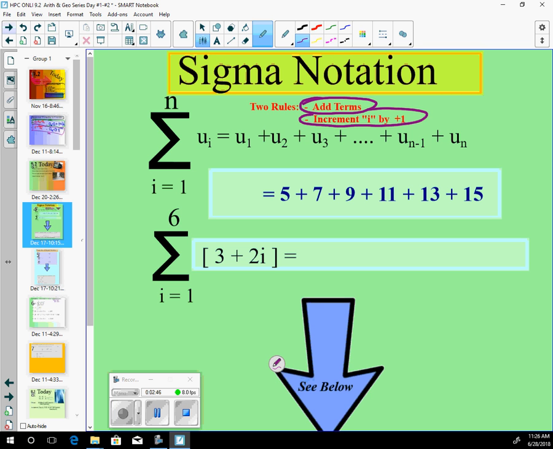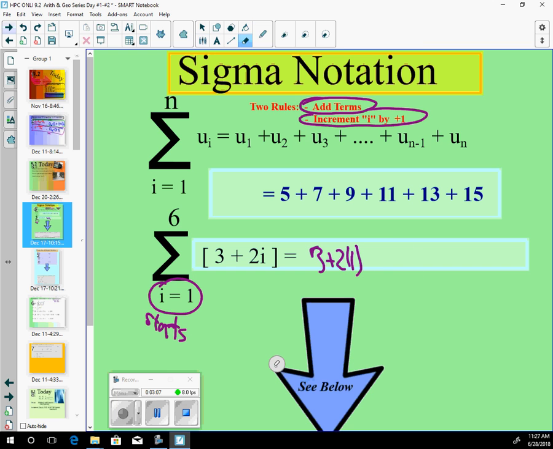So for example, if you had an equation 3 plus 2i, well, it says that I starts at 1. So 3 plus 2 times 1, 3 plus 2 is 5. Okay, that's the first one.